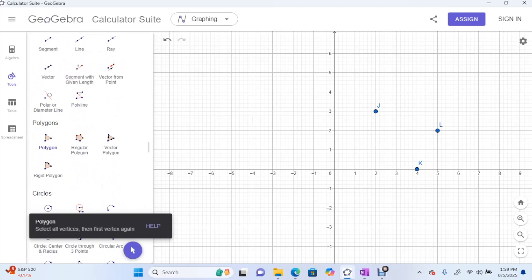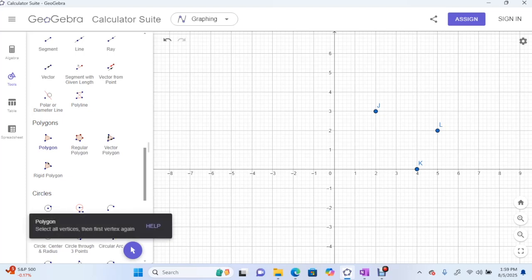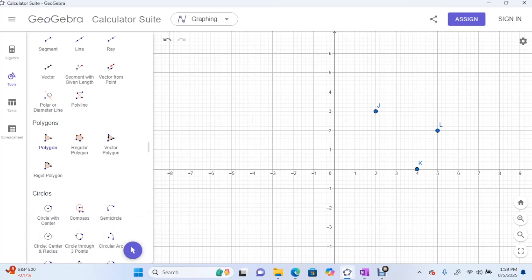Here it's going to be J. Okay, this is different from what I've been using on MacBook. So for Windows, we select all the points here and then connect them like that. So we have triangle JKL as the question wants us to do.